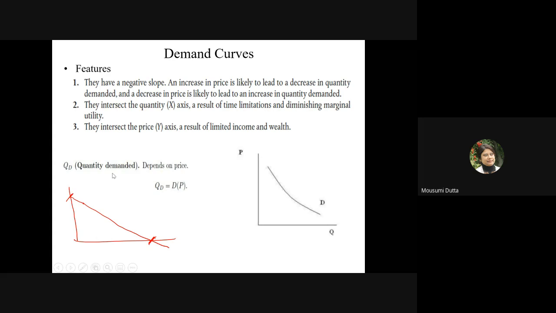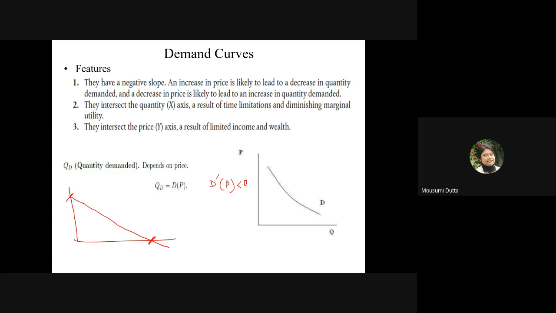Demand depends on a number of factors. Among these factors, the most important determinant of demand is price. So if you present the most simplified version of the demand function, it will be presented as QD as a function of P, with D prime P less than 0, because the demand curve is negatively sloped.